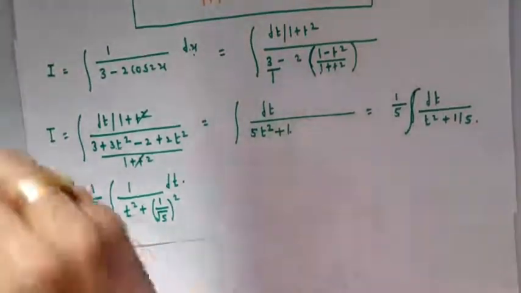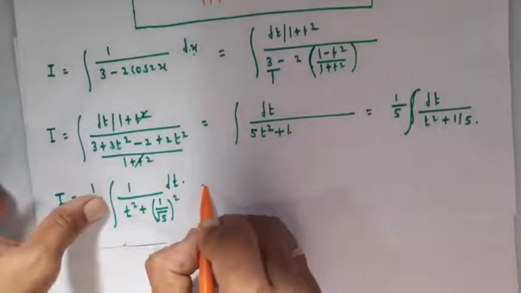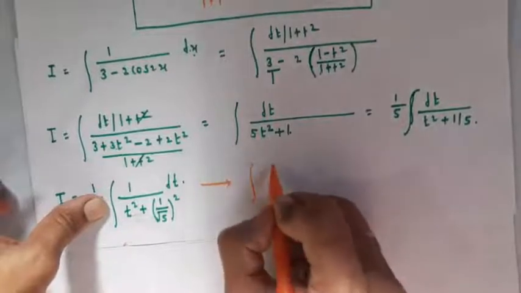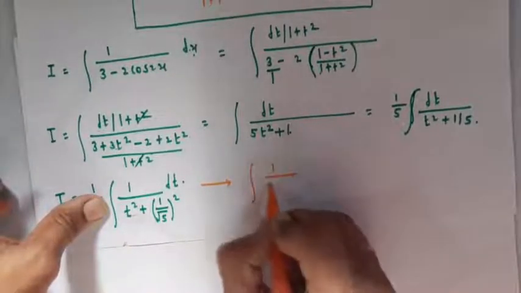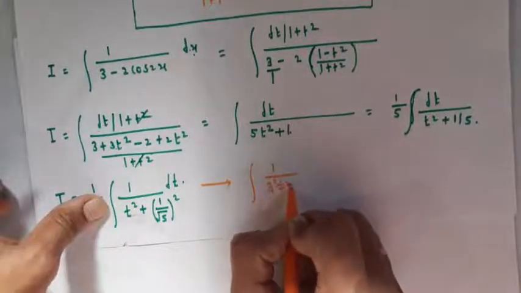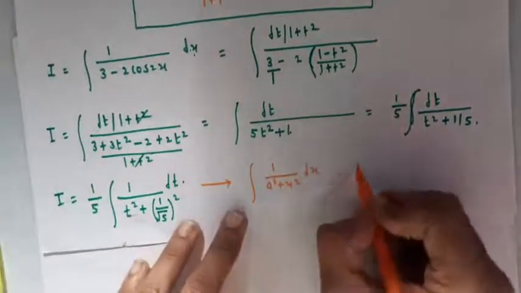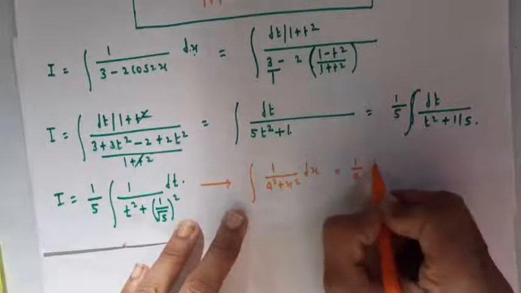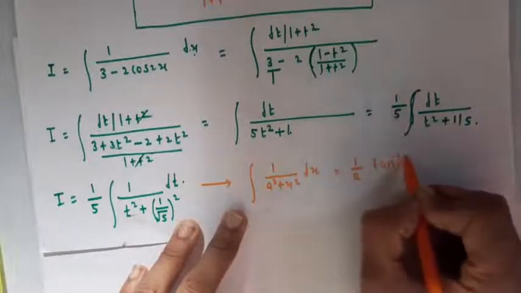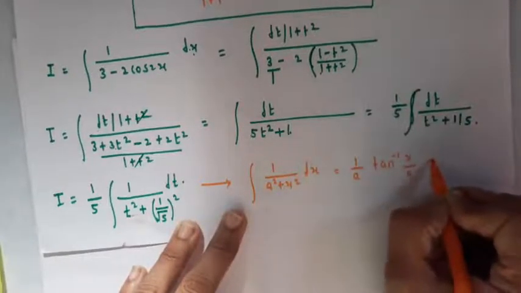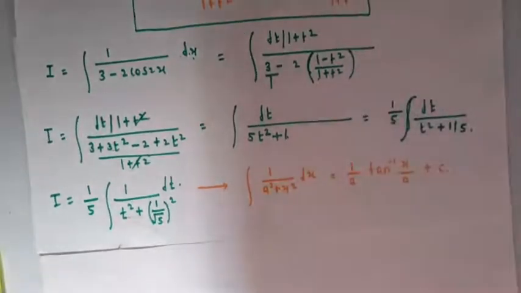And now the integration is of the form 1 upon a square plus x square with respect to x, and the integration is 1 upon a tan inverse of x upon a plus constant of integration c.